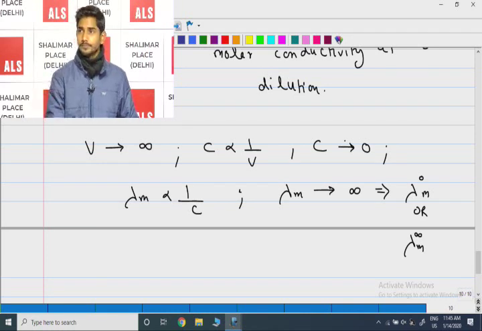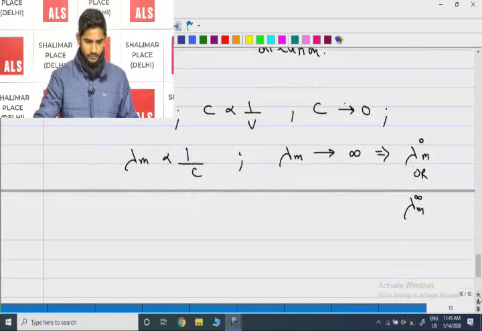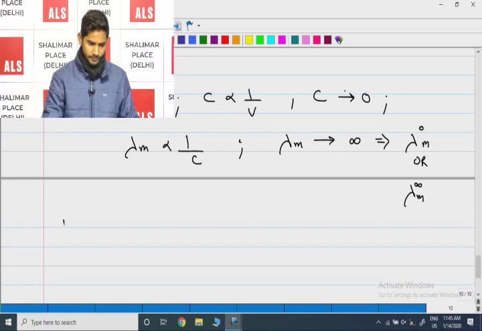Okay. Now the question is how we have plotted that graph. For that you need to remember this equation.